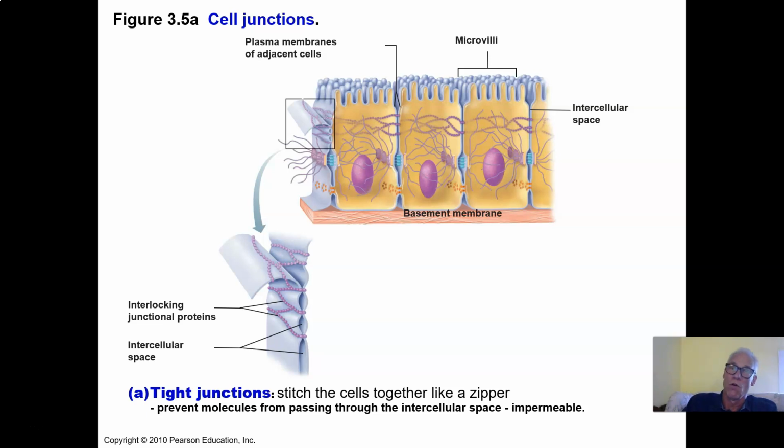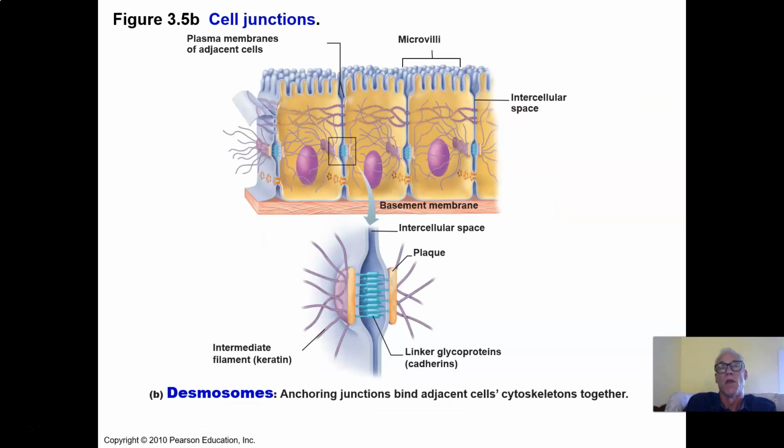That controls or limits what can pass between the cells, and that allows the cells to form effective boundaries between whatever's outside this epithelium and whatever's inside. So oftentimes one side of an epithelium will face the outside world, while the other side will face the inside of the body, and we want to be able to control differences between those two compartments or regions.